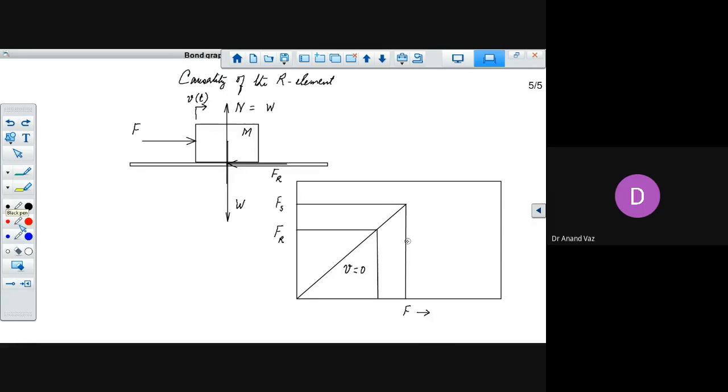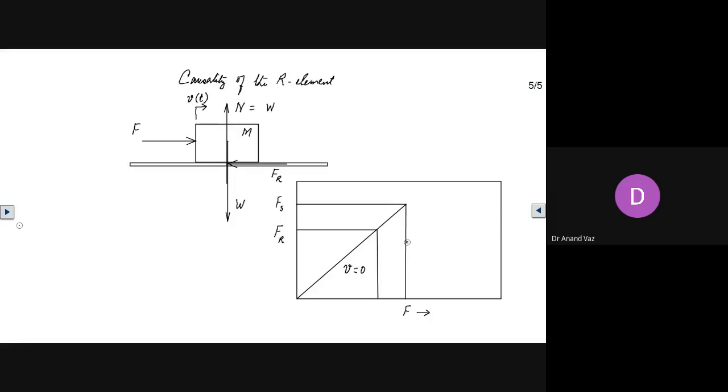Let's say it comes here. Suddenly it falls, and then either it remains constant or it increases, depending upon the velocity or whatever nature of friction it may have. So these are the possibilities. Here the velocity is not equal to 0.